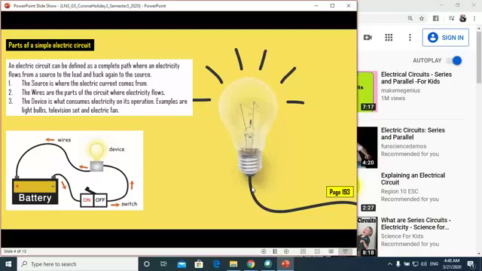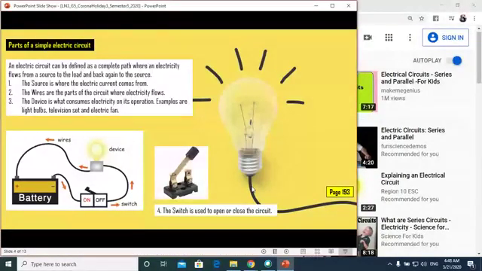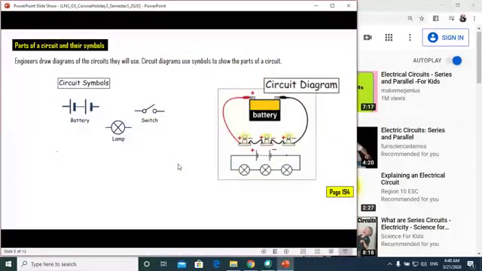You'll need a device, like a light bulb, a television, microwave, whatever. And you'll need a switch. The switch is used to open or close the circuit. In this case, the switch is off. It's opened. Are we good to know?